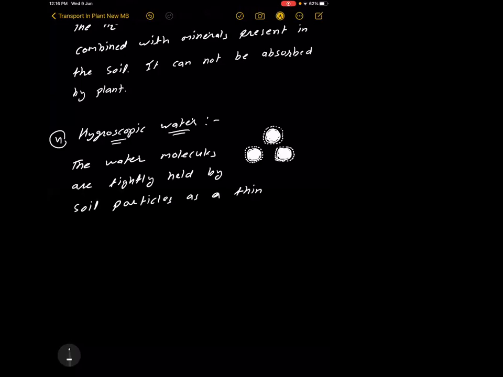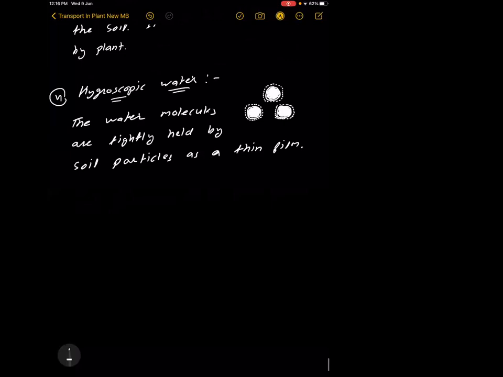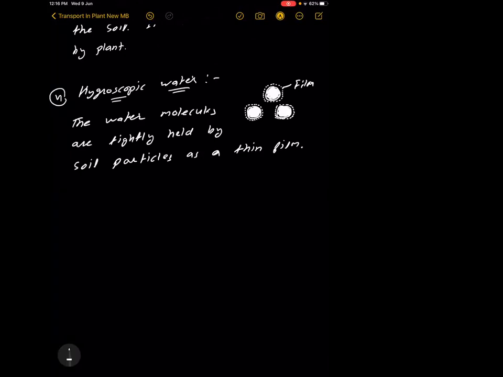This thin film is actually formed by water molecules. It cannot be separated. This water cannot be absorbed by the plant. So it is not available.